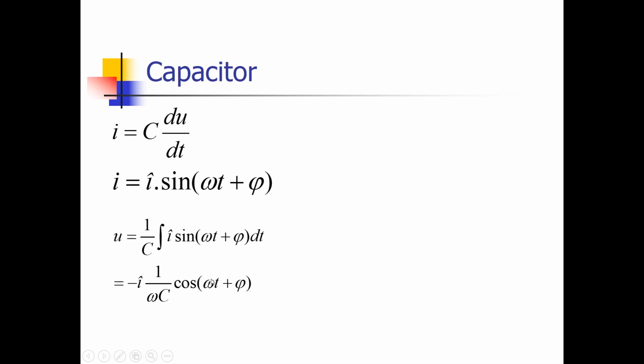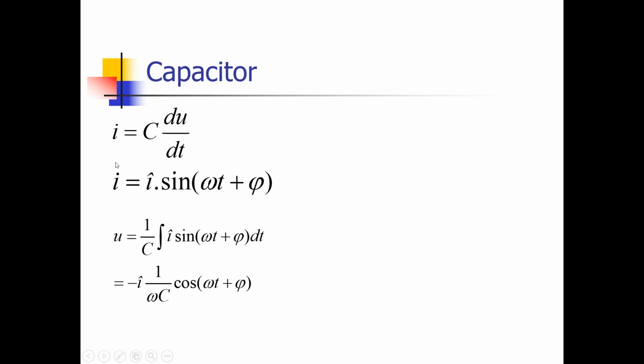So we have to get the 1 over omega up front over here, because when we take the derivative of this voltage expression to get the current, by using the chain rule we get an omega over here, which has to be cancelled by the omega over here, because in that current there is no omega.